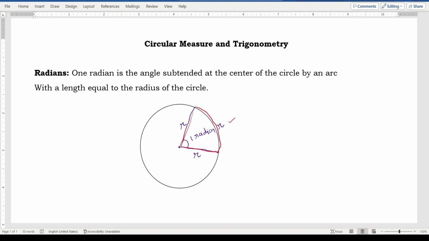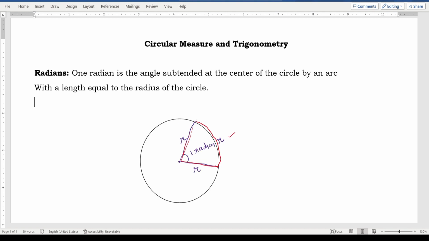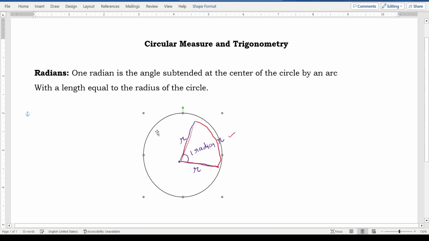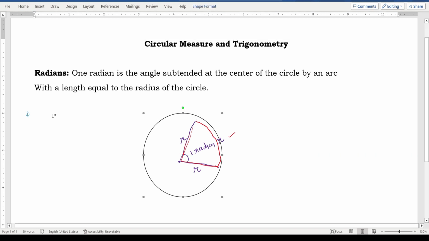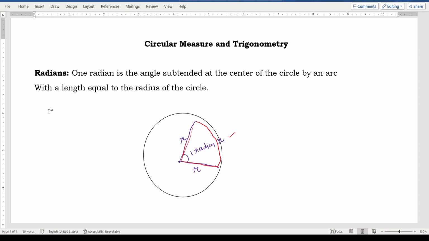Now from here we can draw some insights. What is the circumference formula? Circumference equals 2 pi r.